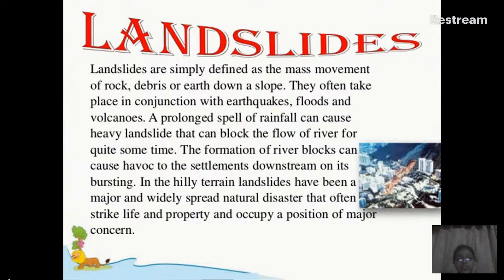The formation of river blocks can cause havoc to the settlements downstream on its bursting. In hilly terrain, landslides have been a major and widespread natural disaster that often strikes life and property and occupies a position of concern.